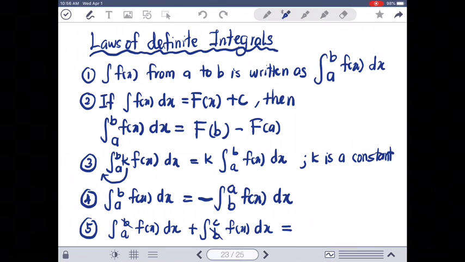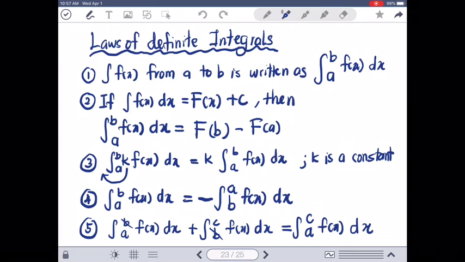This will produce integration from a to c of the function with respect to x. So these are the important properties that you need to remember for definite integrals.